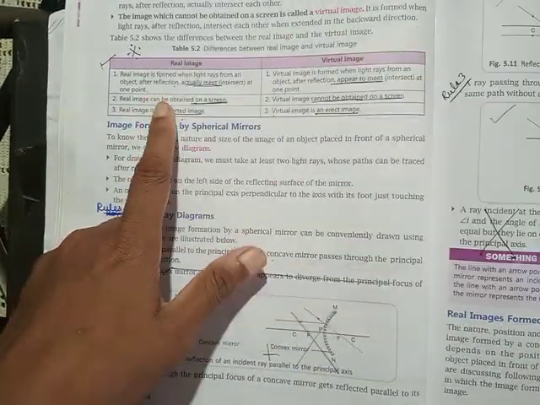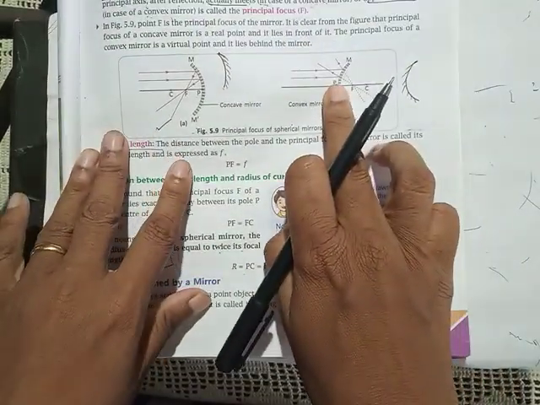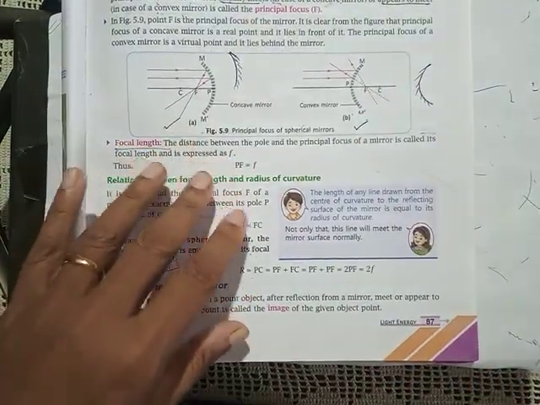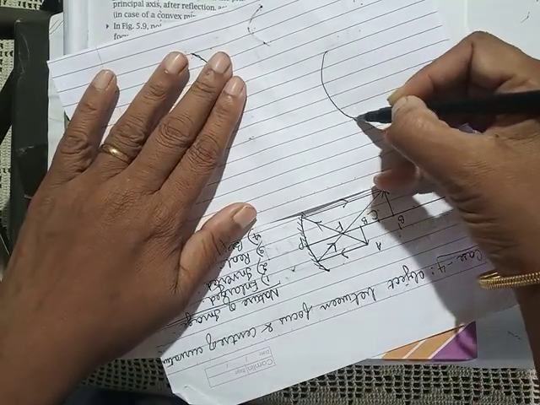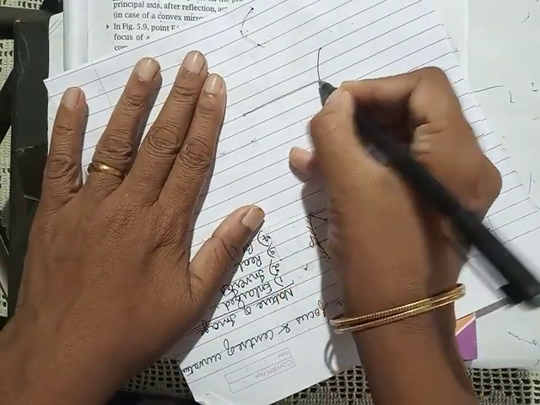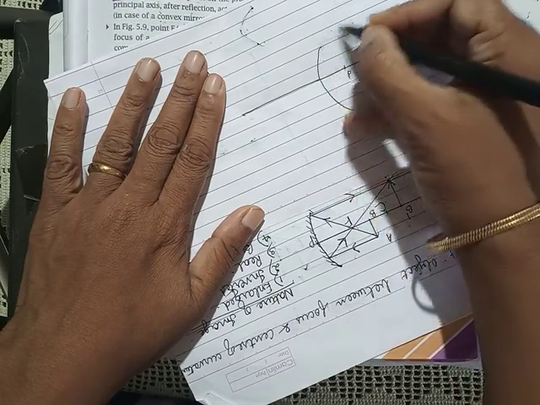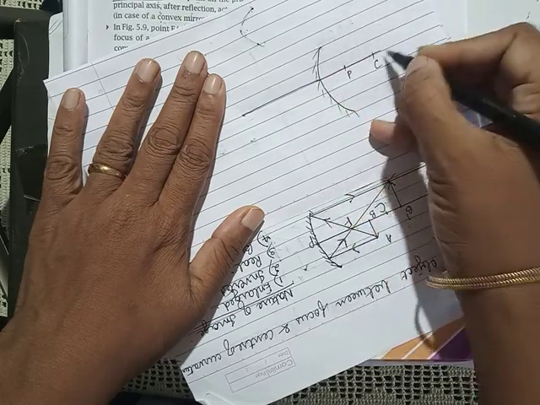But in case of a virtual image, the best example is the convex mirror. So how was the diagram? You had an object, and this will have its P and C on this side, because if you complete the convex mirror, the center will be somewhere on this side.